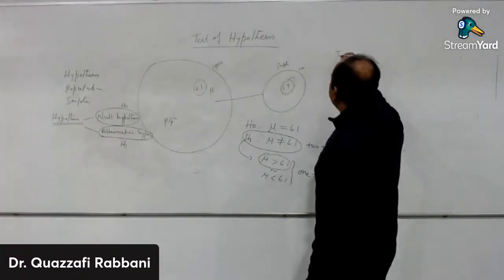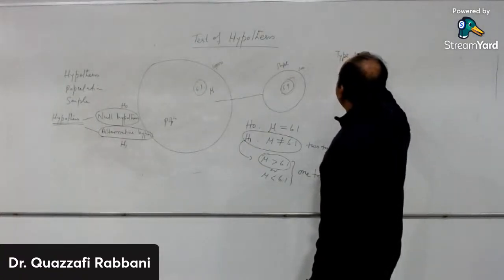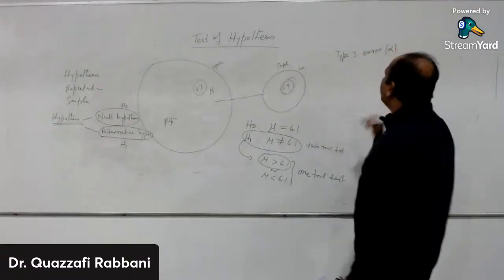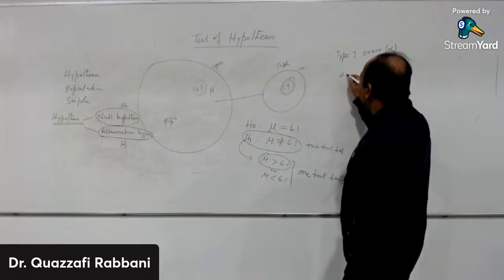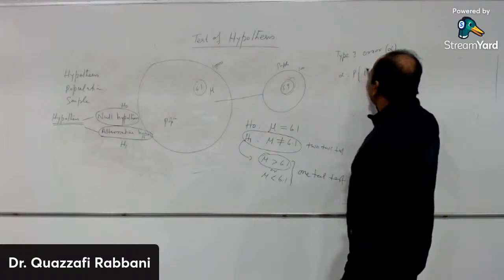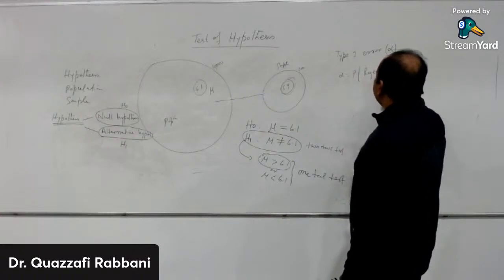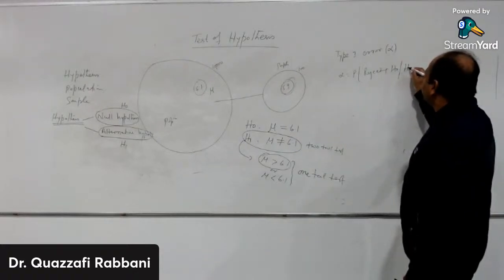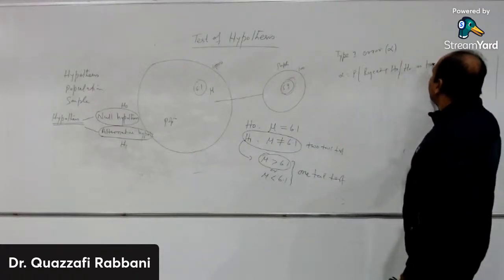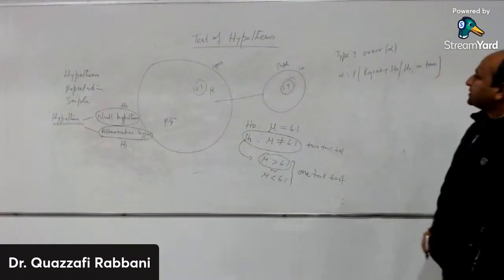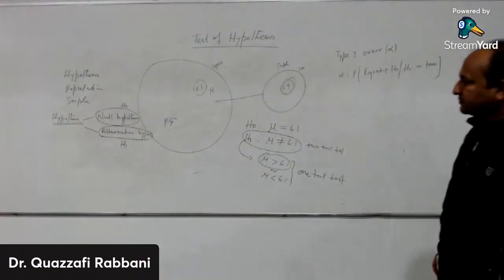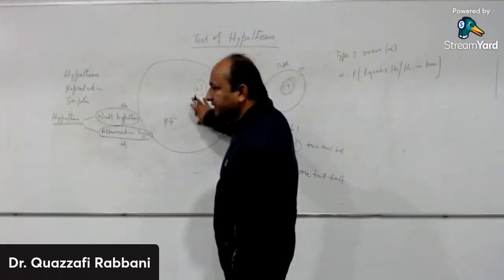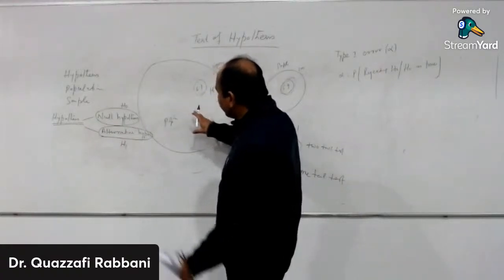Error. Type 1 error is denoted by alpha, and alpha is the probability of rejecting H naught given that H naught is true. Suppose this claim is true, obviously it is valid, but we have taken a sample.